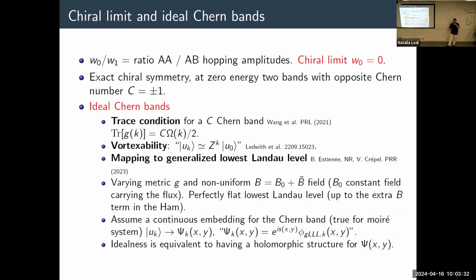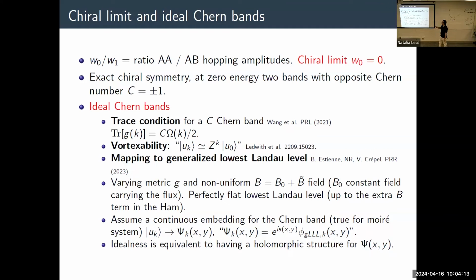Is vortexability related to the flatness of the band in any way, or is that independent? It's independent. It's based only on the wave function, not on the flatness. But as usual in that kind of story, the flatness will be important when you compare the interaction energy to the kinetic energy. But all the information about getting the same algebra, like the magnetic translation algebra, in the case of a Chern band, is encoded in the wave function of the band.